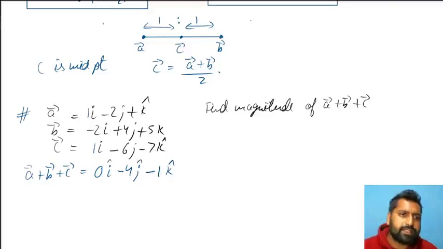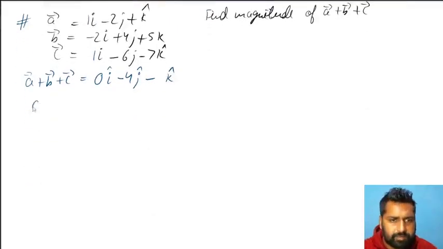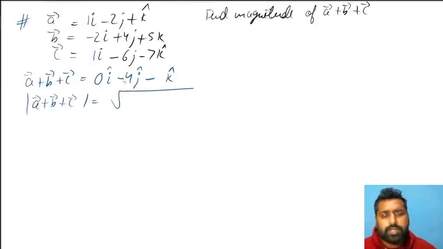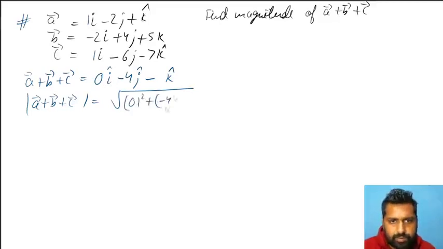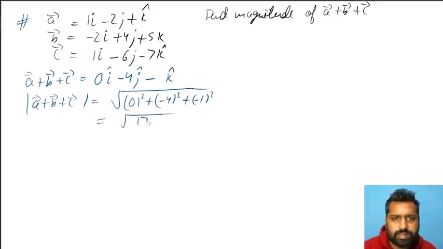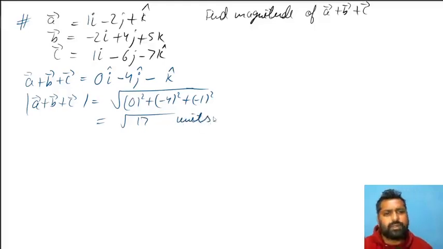I'll just write k. So this is a vector. Now in order to get the magnitude of A plus B plus C vector, how do we get the magnitude? You square each component, i component, j component, k component. Component means the value. So you square it: 0 square plus minus 4 square plus minus 1 square. So what do we get? Root 16 plus 1, 17 units. So root 17 is the answer.